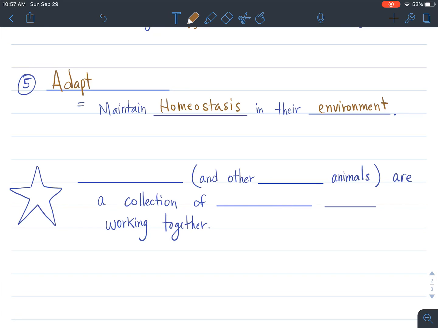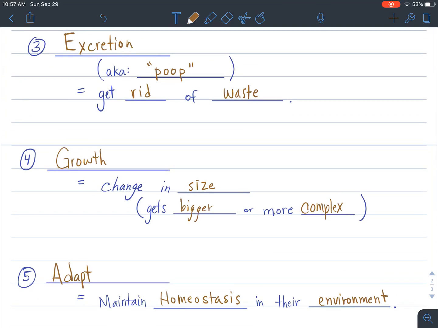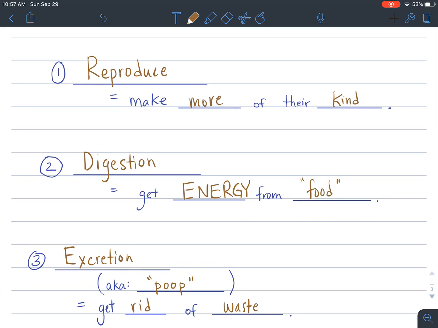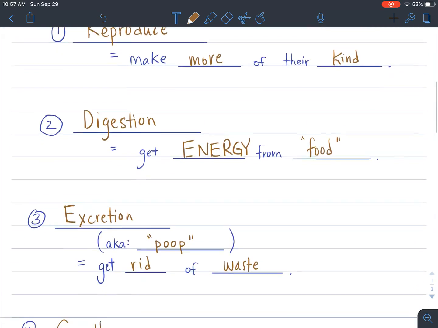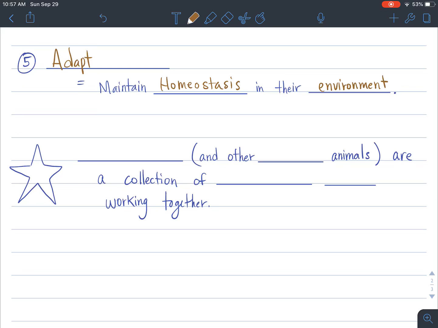So all in all, when we think about these 5 different aspects of what it means for an organism to be alive, and then we think about us, humans, and other complex animals, complex meaning that they're big, we see them around.